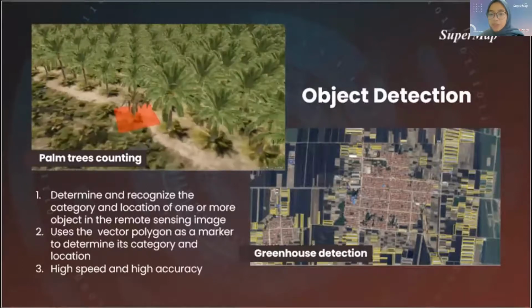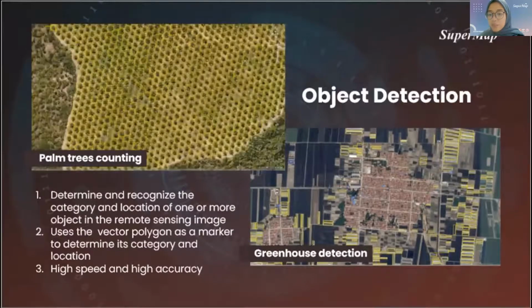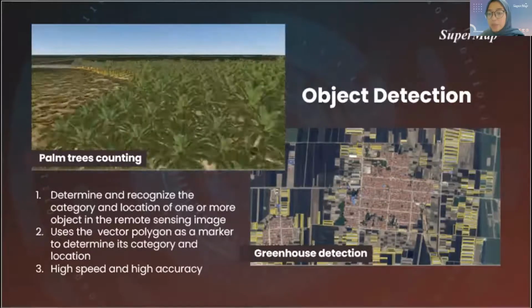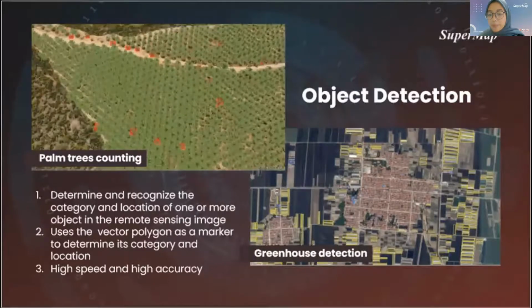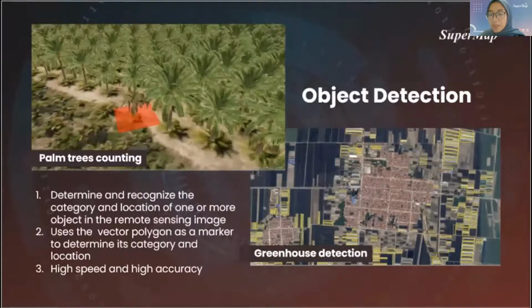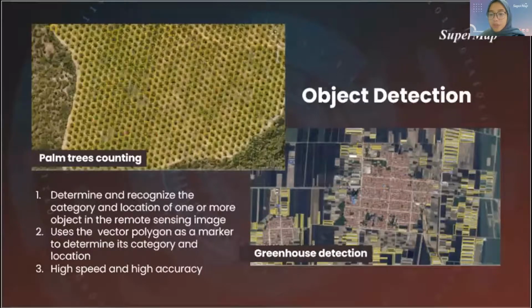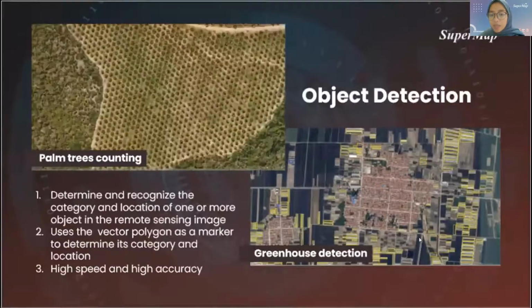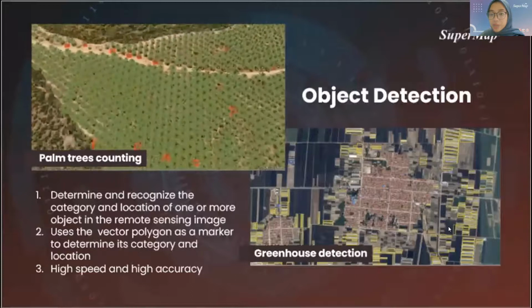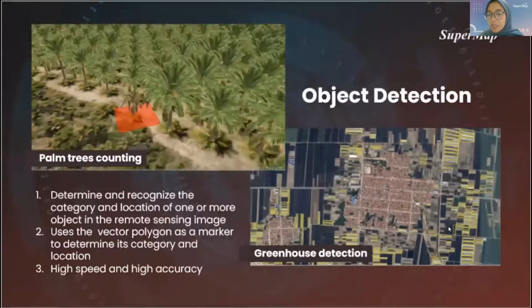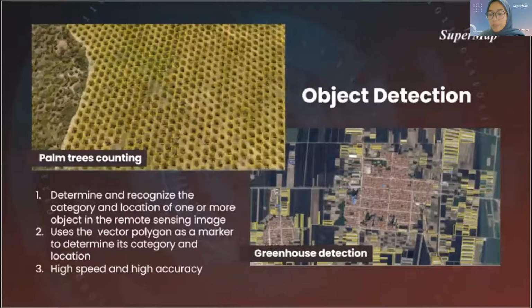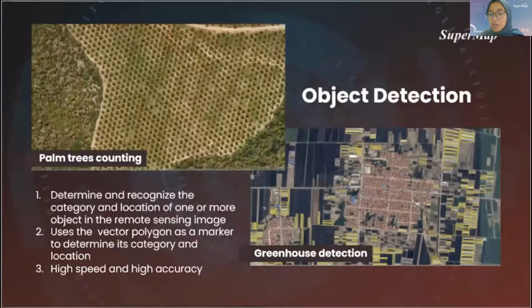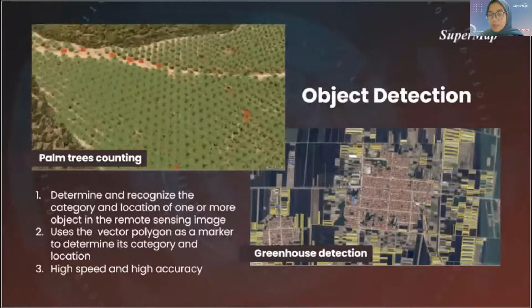The object detection function has the characteristics of high speed and high accuracy and is usually used to quickly determine spatial information such as the number and position of different types of objects in the image. The following figure shows the result of greenhouse detection in a certain area. The yellow polygon is the detected greenhouse, which can quickly and accurately locate the distribution, location, and number of greenhouses, and provide basic data to support greenhouse management, farmland management, and other fields.